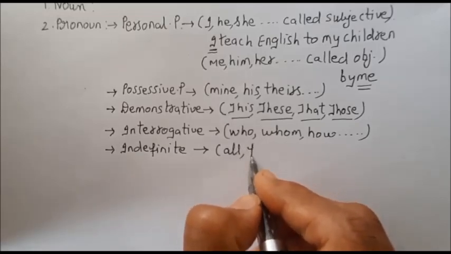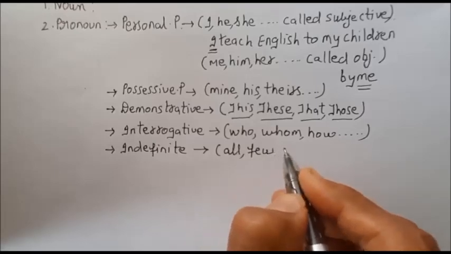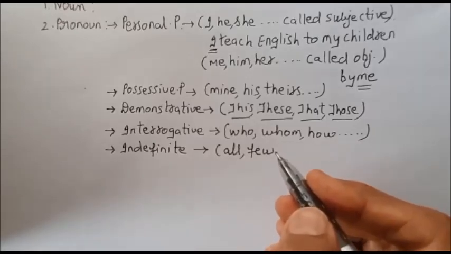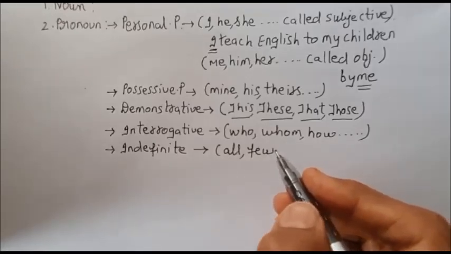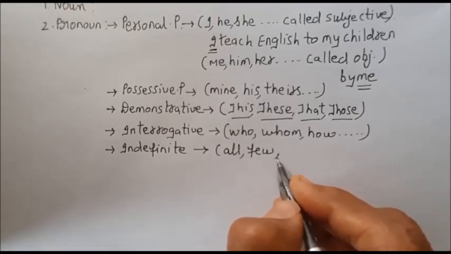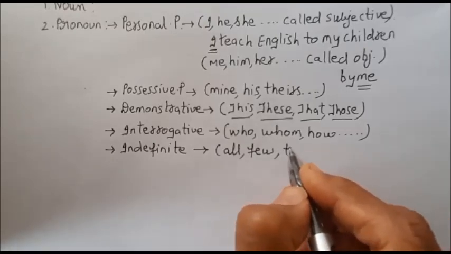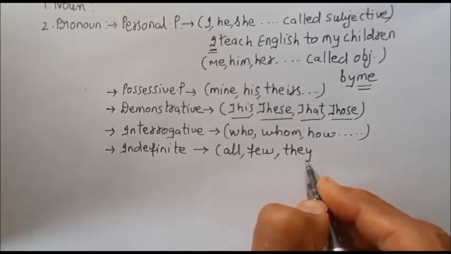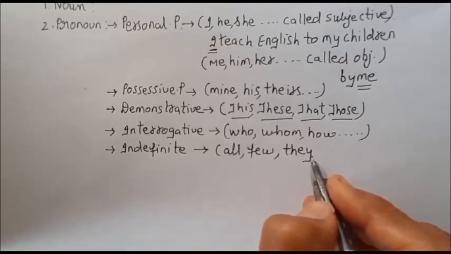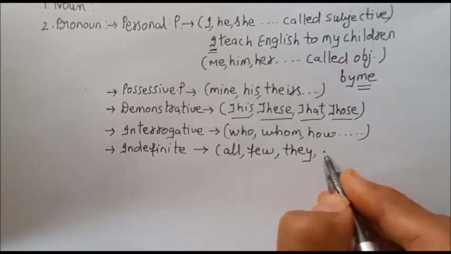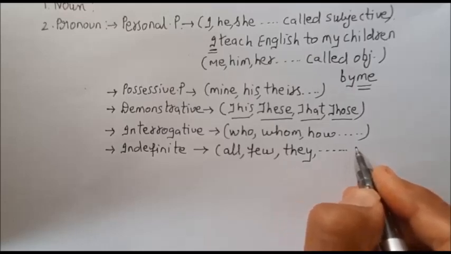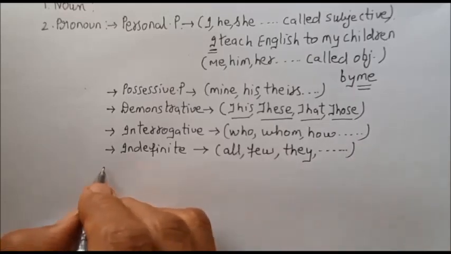It's about few. Few people came to the class. All of them attended the marriage. They came to see us. So, this is not definite that we are talking about. It is just indefinite. They are called indefinite pronoun.